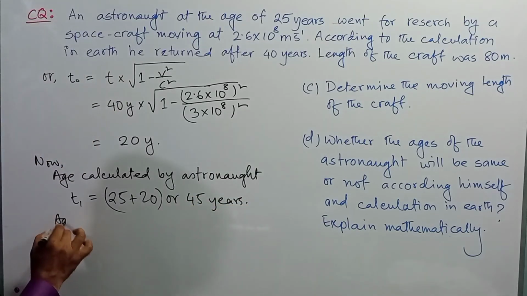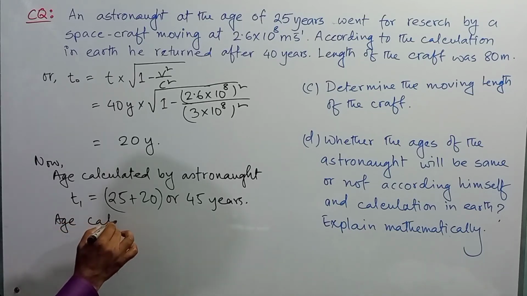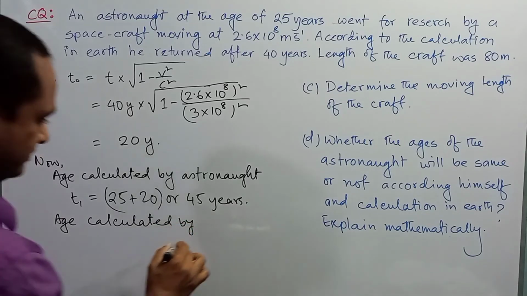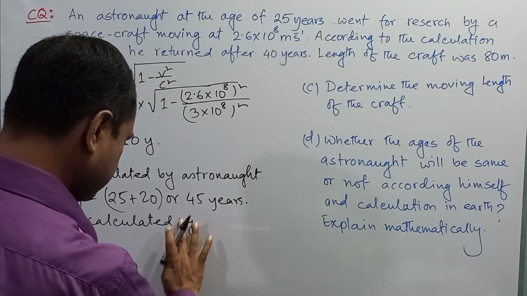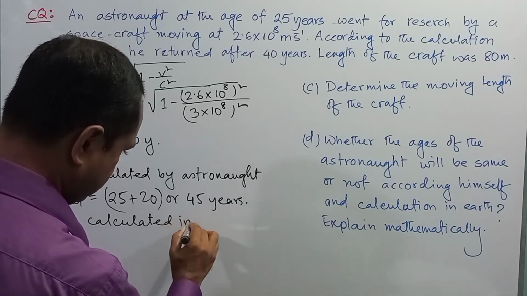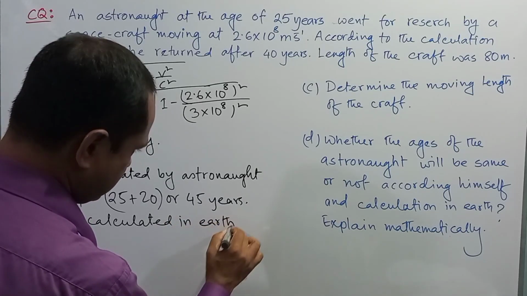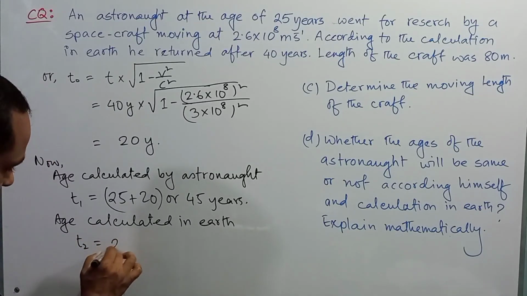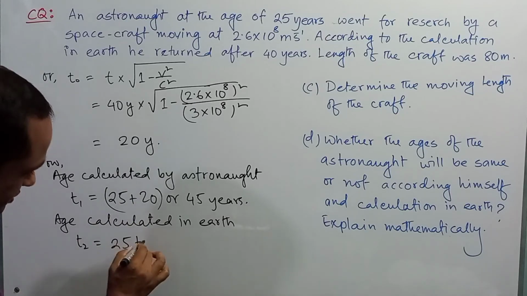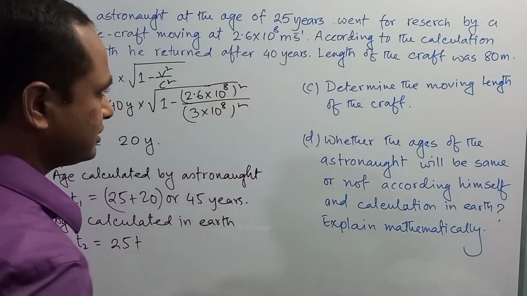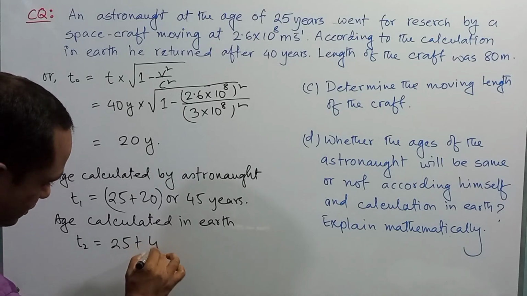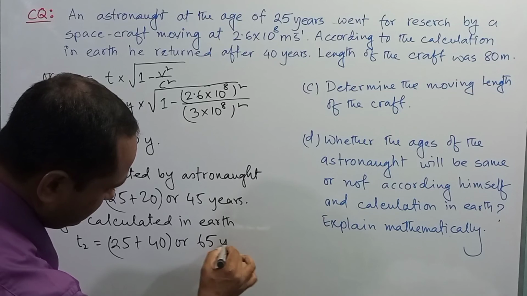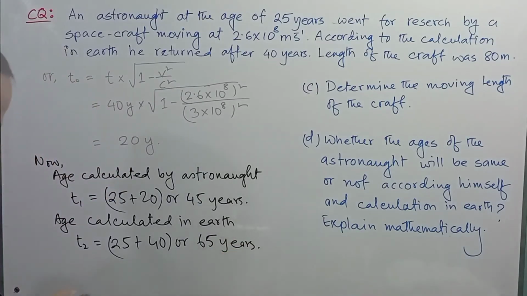Similarly, the age calculated on Earth, T2 is equal to, he started the journey at the age of 25 and according to the Earth calculation the traveling time was 40, or 65 years, right?